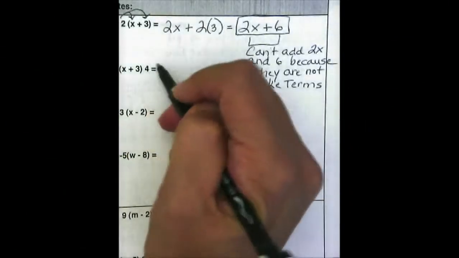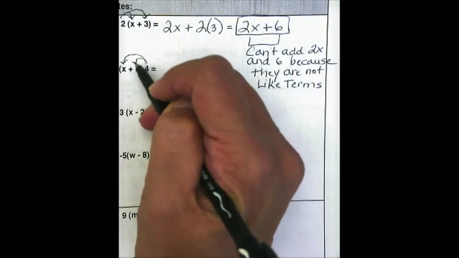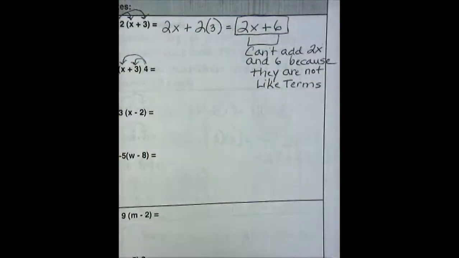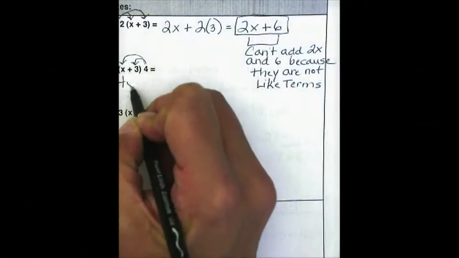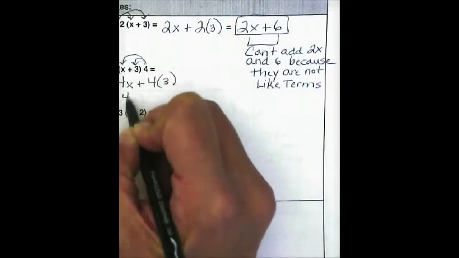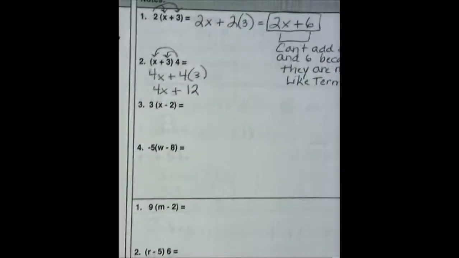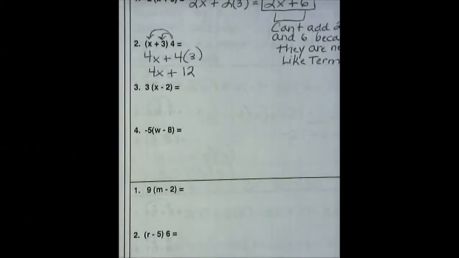Number 2, we've got the 4, and we're going to multiply by x, and the 4 times the 3. So we're going to have 4x plus 4 times 3, 4x plus 12. Now the two first examples were pretty easy because everything was positive. When we get into the negatives, we have to really think about our rules.